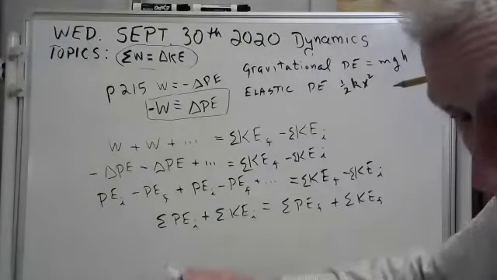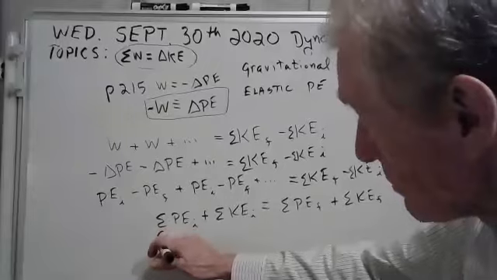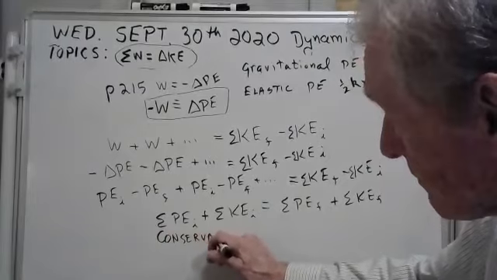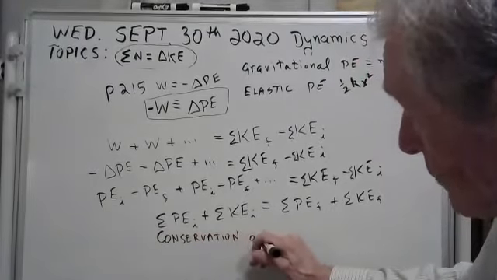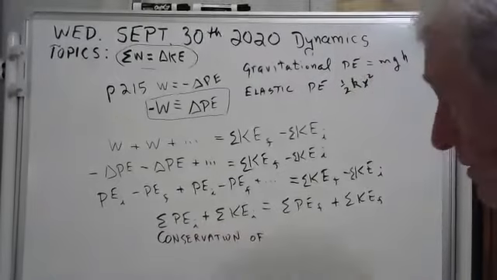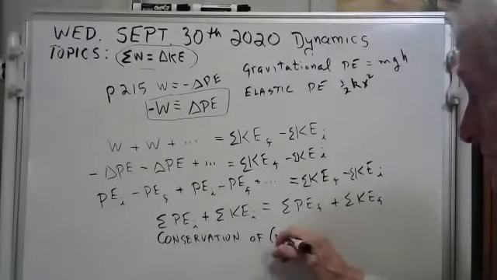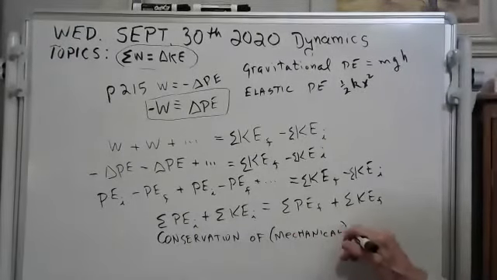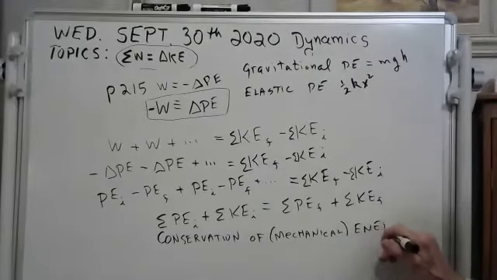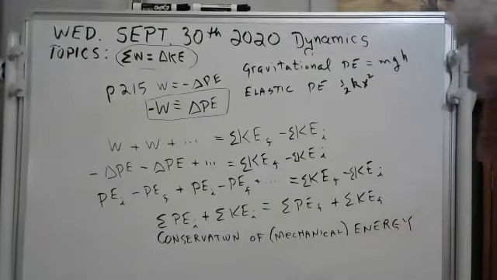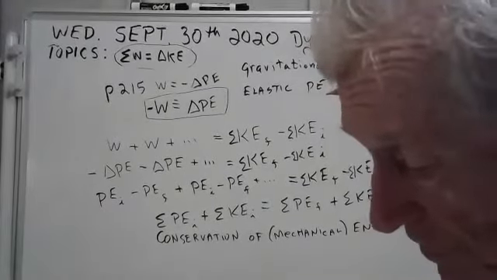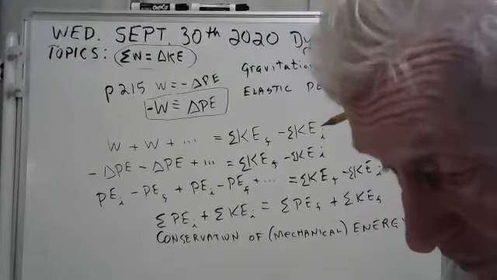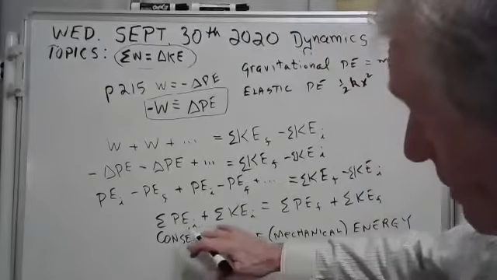They have a name for this. This equation is called the conservation of energy, the way they call it in this book. What they should say is the conservation of mechanical energy, because there are other kinds of energy, like heat transfer, for instance. It's not mentioned in here.